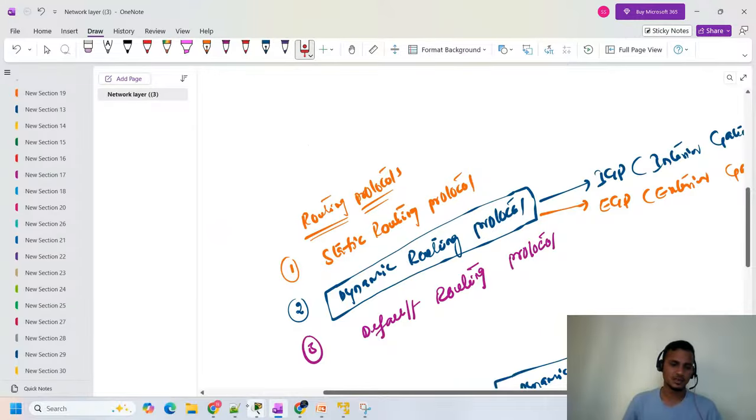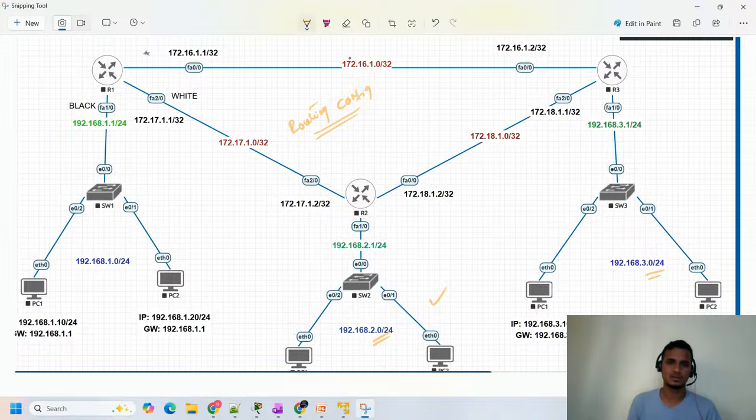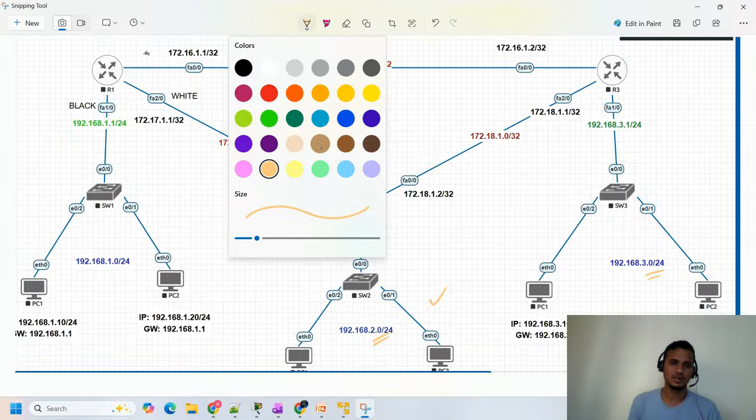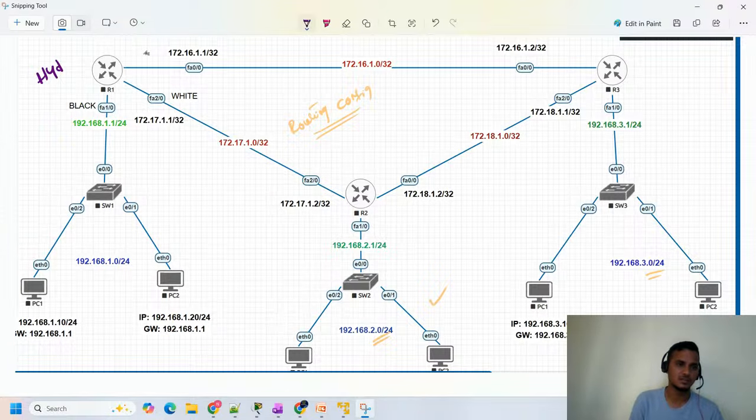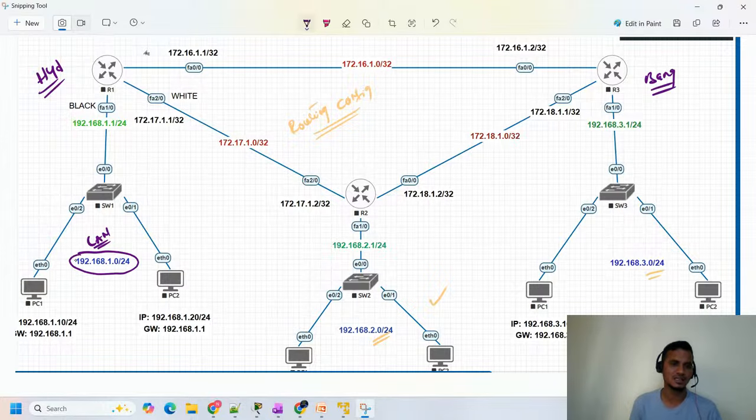Likewise, I'll go through it in our lab also. Here we have a lab. Consider this my Hyderabad office, and here we have the Bangalore office, the same thing we discussed. In the Hyderabad office LAN, I'm going to take the 192.168.1.0/24 network, a class C network.